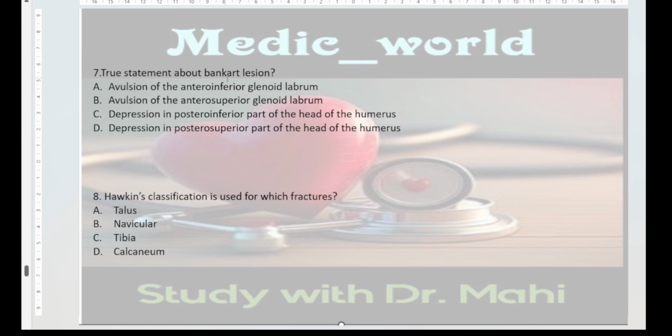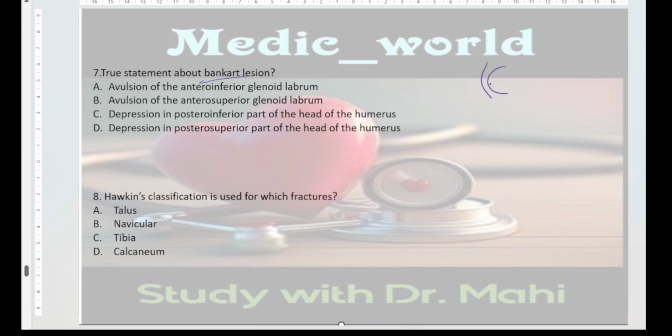Let's move towards the other question, the true statement about Bankart lesion. We all know that in recurrent dislocation of the shoulder, recurrent dislocation of the humeral head, just imagine that this is the glenoid labrum and this is the head of the humerus.